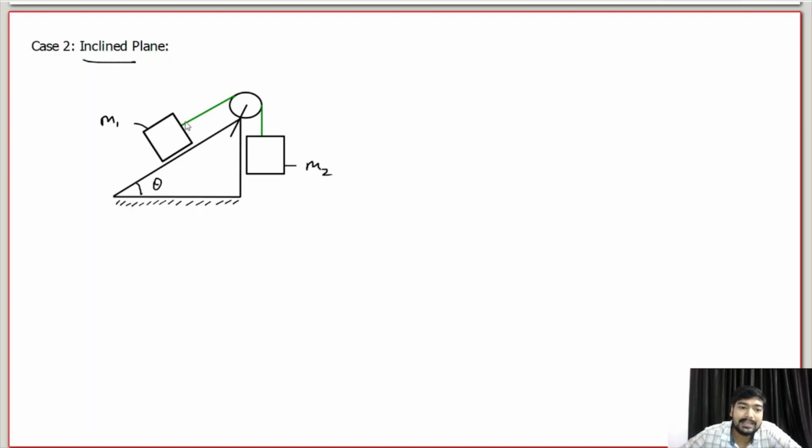As this is the same string, the tension here will be T, and here also the tension will be T. Firstly, we will make the free body diagram. Let's assume this is the block M1 and this is the block M2. Let's take the inclined block as B.